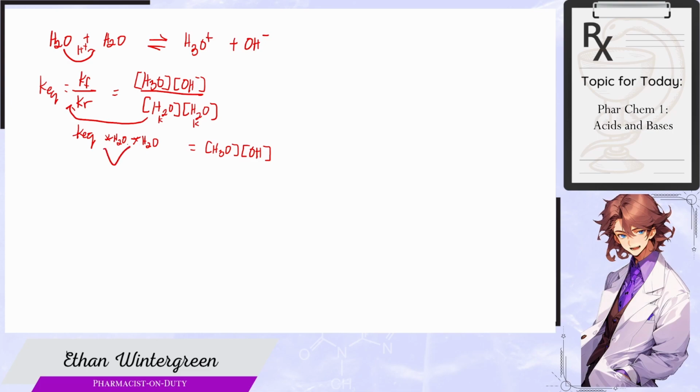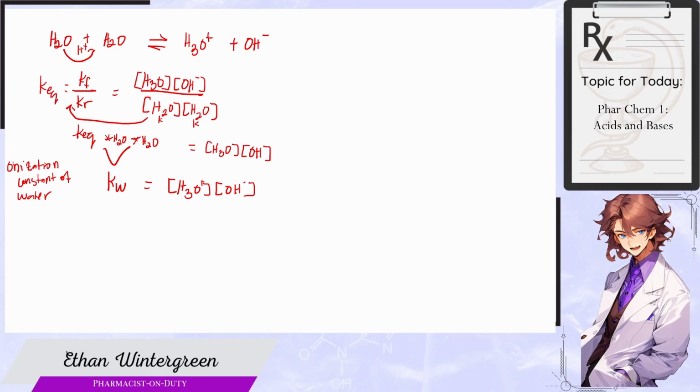We can convert this into a new constant. That is KW. KW is the ionization constant of water. And KEQ is equal to the concentration of H3O and OH.